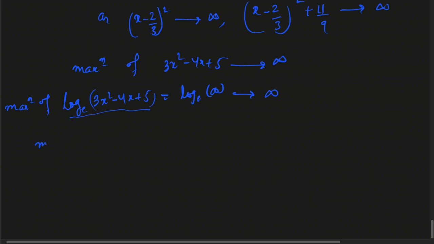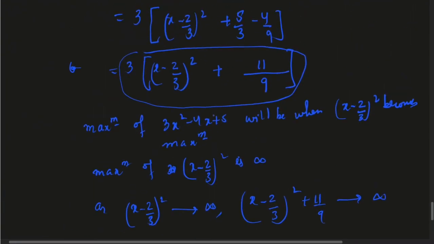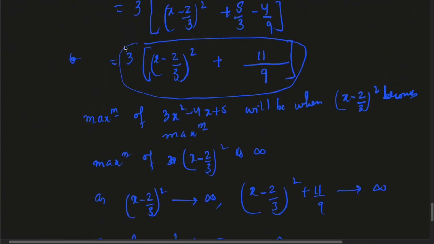The minimum of ln of 3x square minus 4x plus 5 will be found when 3x square minus 4x plus 5 is minimum. So if you see this term, what will be the minimum value of this term?